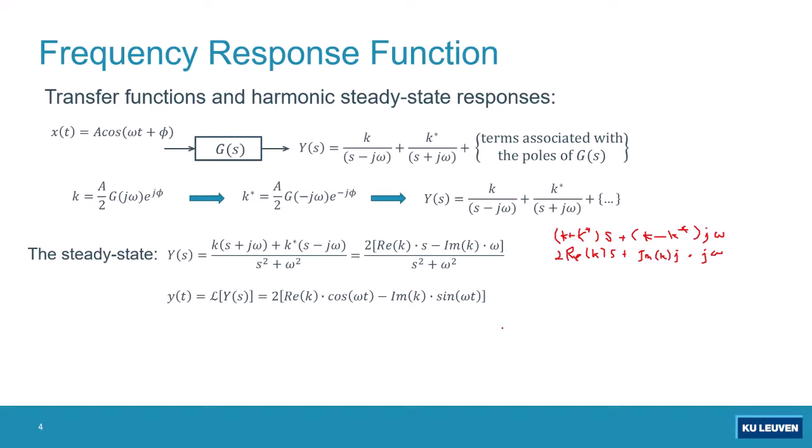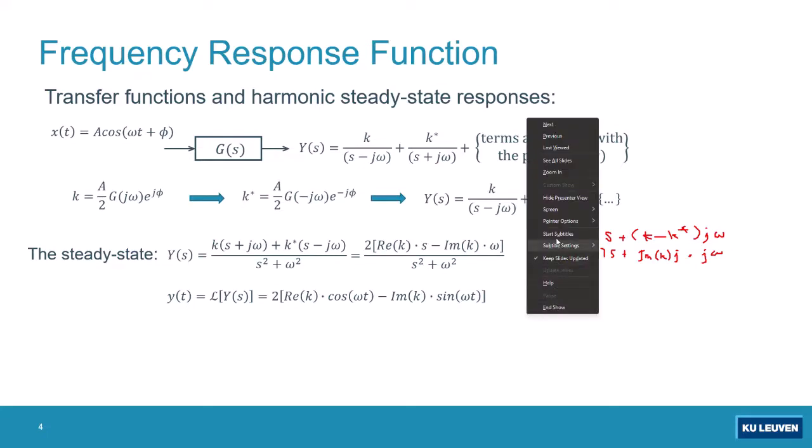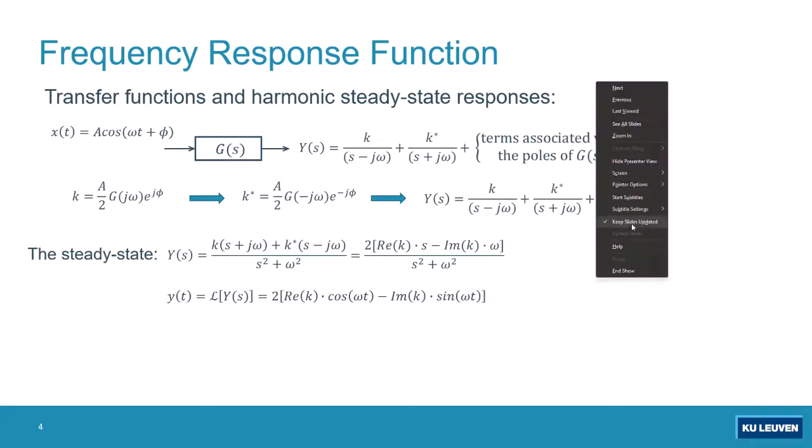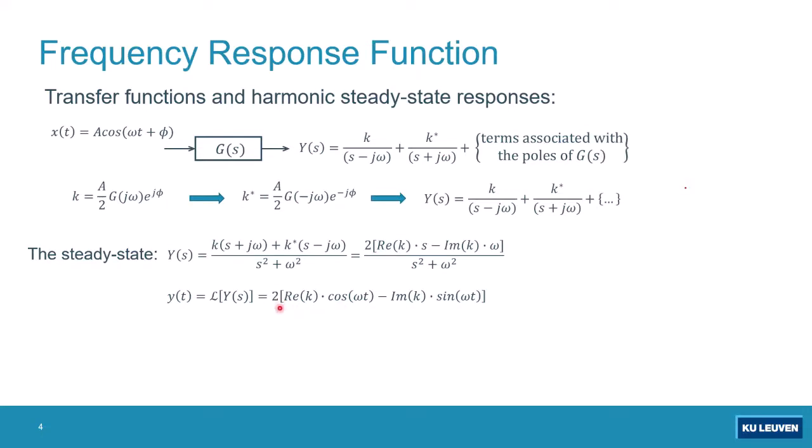What I have to do then, if I want to find the steady state response in time domain, let me now erase it first. After I get this steady state response in Laplace domain, what I have to do next is to convert it back to time domain.